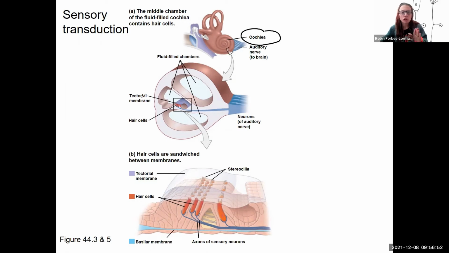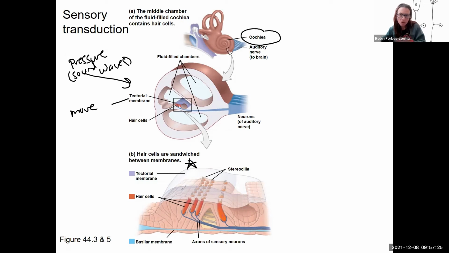And when there's pressure moving in the fluid, caused by sound waves, it's going to cause physical distortion of this tectoral membrane. This is going to move, right? So the membranes in this cochlea are flexible. They're going to move. And when that happens, this is really the meat down here. Here's that tectoral membrane. When that moves because of the pressure, it's going to cause these hair cells to move.